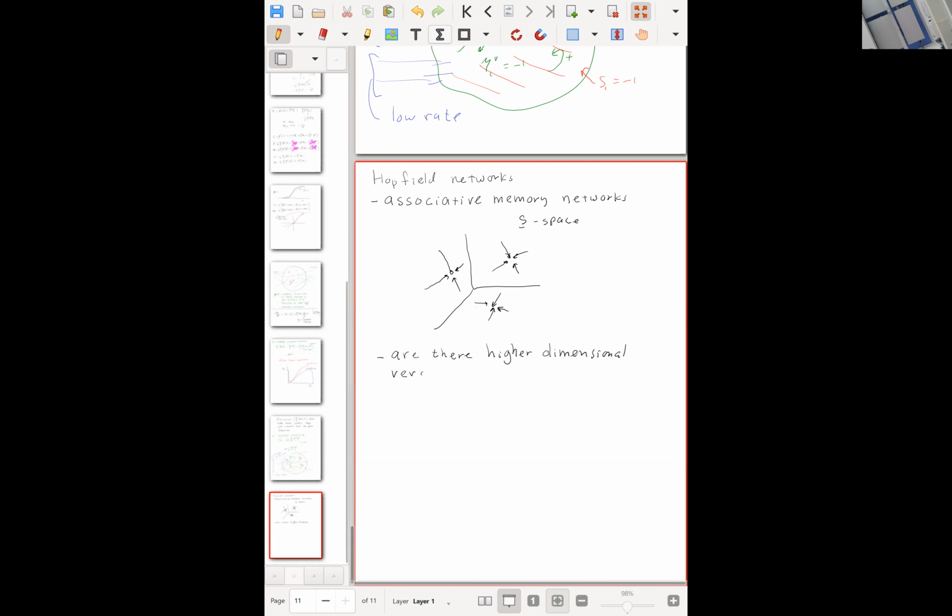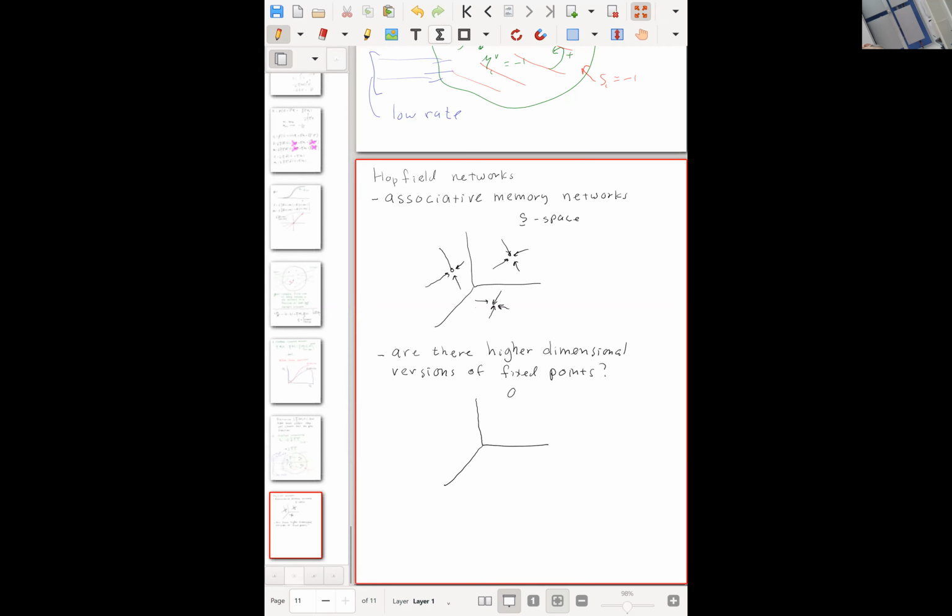Higher dimensional versions of fixed points. The next higher thing you might consider, instead of points, we could have lines. So again, we have activity space.